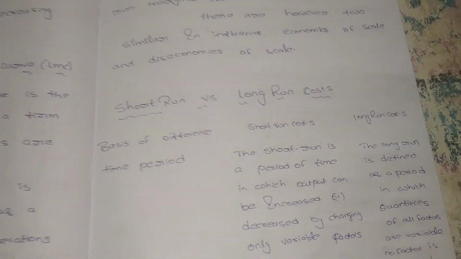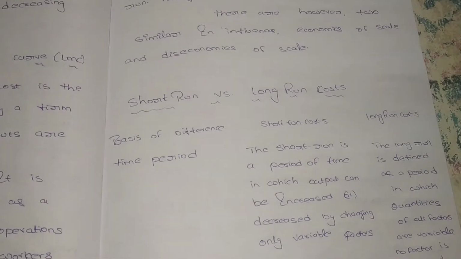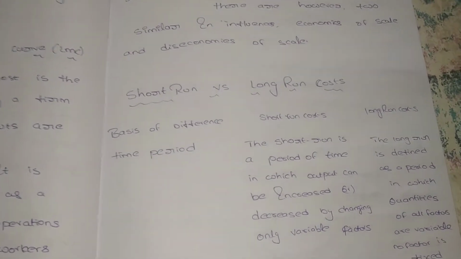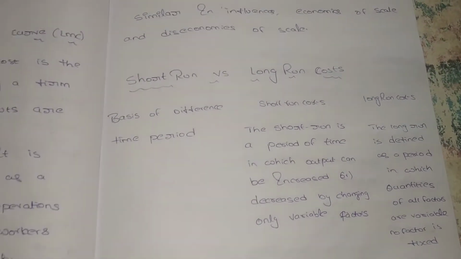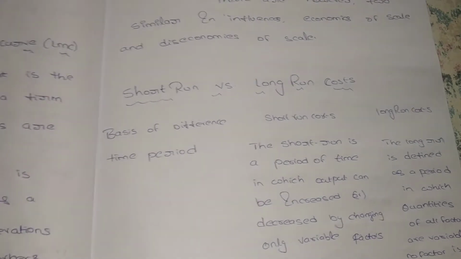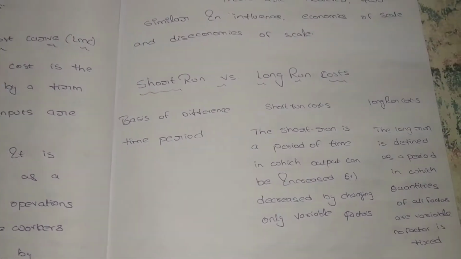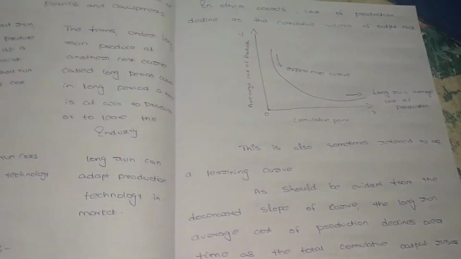We can say economies of scale, means we can produce more goods because all input factors are variable. If there is any change in input factors, automatically the output changes. But in the short run it is not possible, because all input factors are fixed except one. So there is less chance for expansion of the business, or we can say there is no chance for expanding the business.